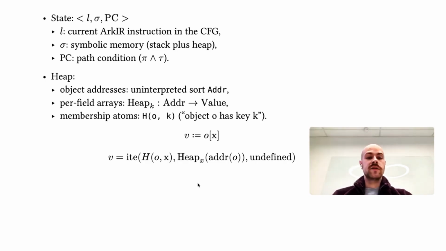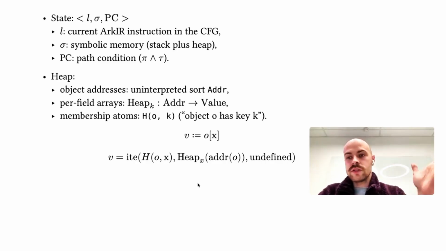Heap is represented with object addresses, which is an uninterpreted sort. An uninterpreted sort is an entity that can be compared on equality only. They don't have order or something like this. We create per-field arrays that allow us to support aliasing, and we create membership atoms.